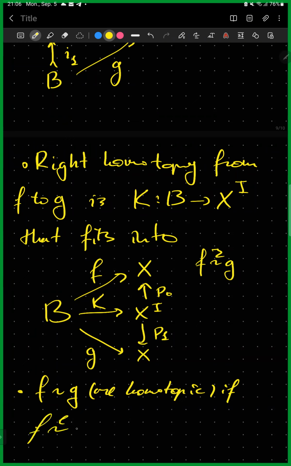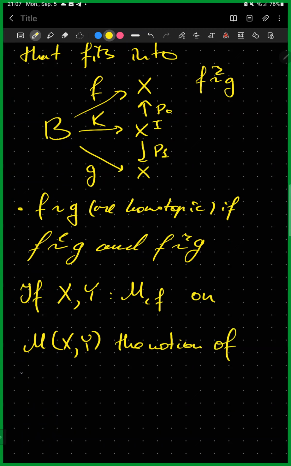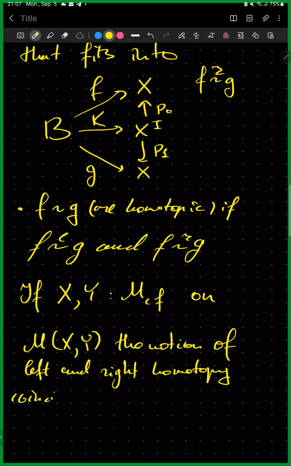So the main feature of fibrant and cofibrant objects is that if we have objects that are both fibrant and cofibrant, then on this set the notions of left and right homotopy coincide, and it is an equivalence relation.